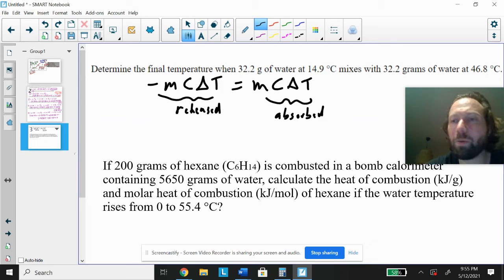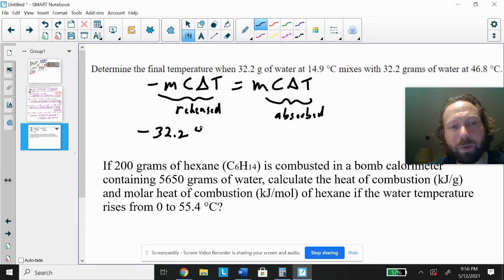So for releasing heat, it would be negative 32.2 grams of water that is at 46.8 degrees Celsius. This is well within the range of liquid water, so 4.18 is the specific heat.